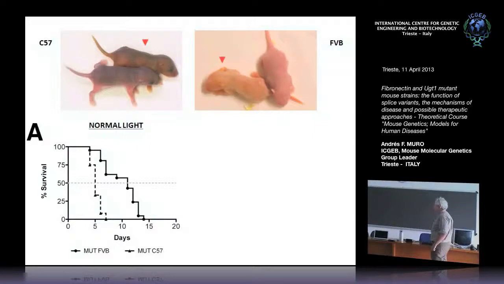double knockout animals. First, we changed the genetic background just to find a less severe one. In the FVB genetic background, instead of animals dying at P5, they die at P10, P11.